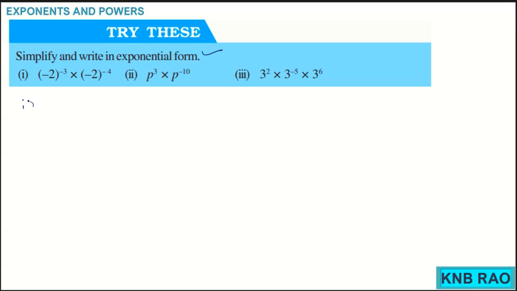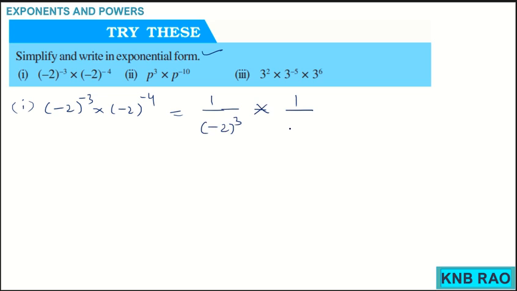Coming to question number 1, minus 2 whole power minus 3 into minus 2 whole power minus 4. I will first convert negative powers into the form of 1 upon and consider their positive powers.